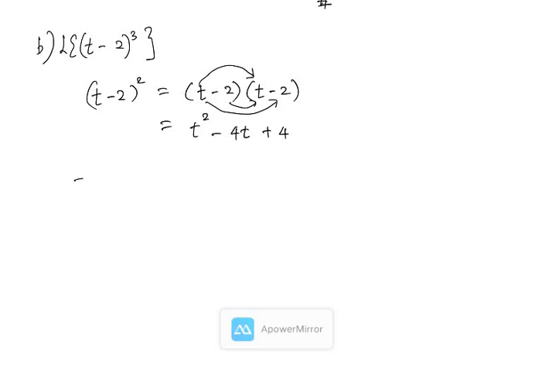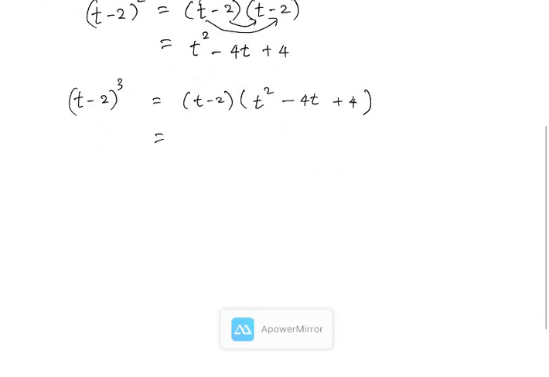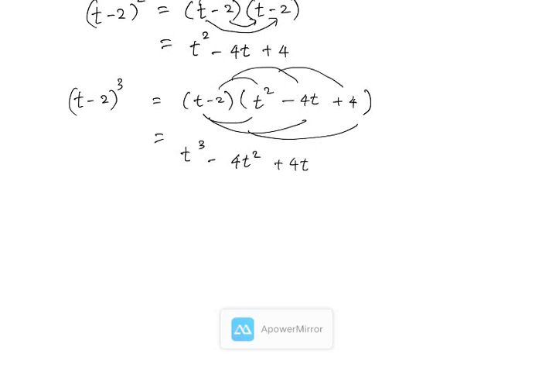And what about (t minus 2) to the power of 3? This means you have (t minus 2) multiplied by (t squared minus 4t plus 4). When you multiply, you will get t cubed minus 4t squared plus 4t, and then minus 2t squared plus 8t minus 8.